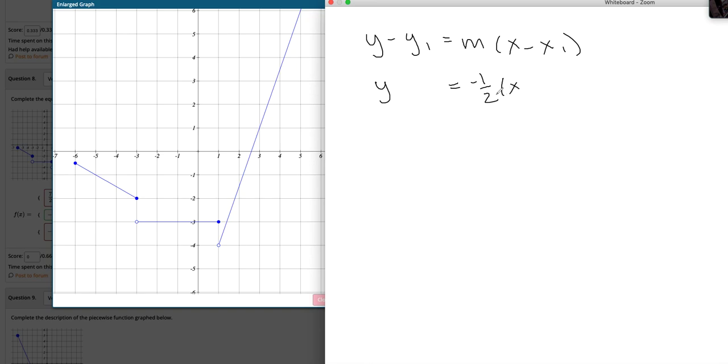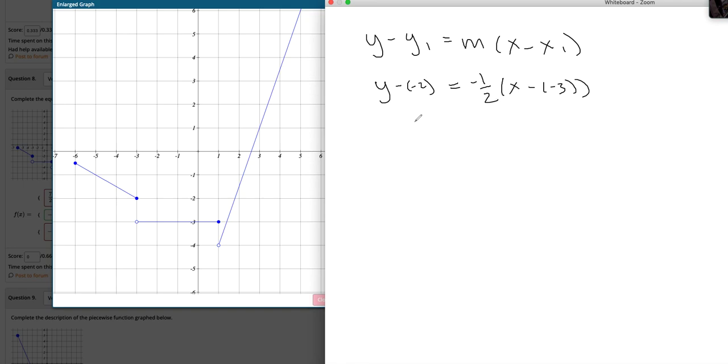And then let's see, our point, that one isn't the easiest one to read, so I'm going to pick this one. So there it looks like my x is -3, so minus a -3. I could also just write +3 there, but there's that minus and there's the -3. And then -2 is my y, so minus a -2.